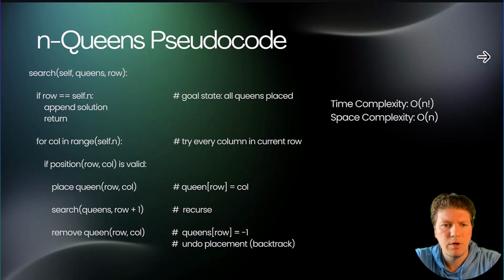If the position of a queen is valid, we place the queen, and then we recursively call the search function with row plus 1. After the recursive call completes, we remove our placement, so we set queens at row to -1. So essentially we are undoing, or backtracking, the placement of the queen.